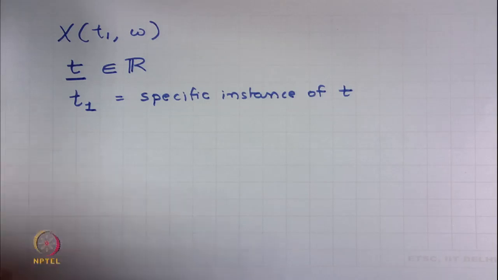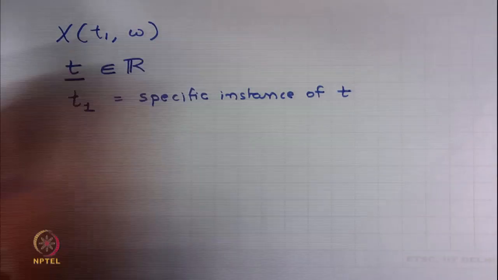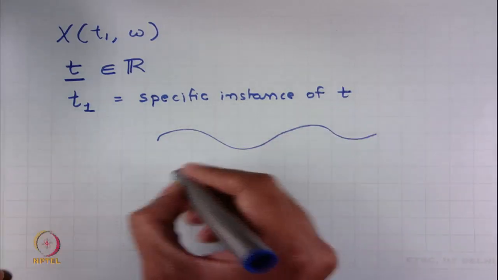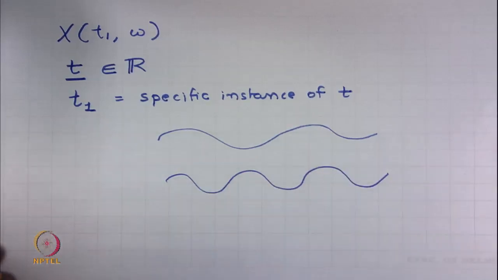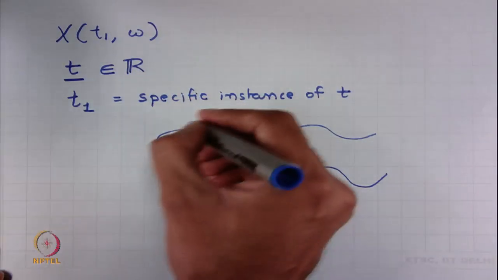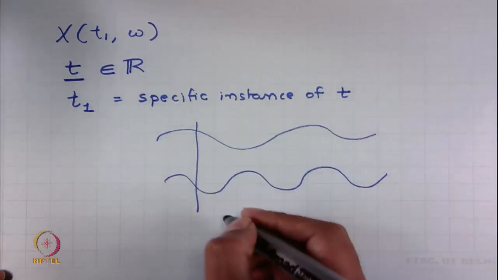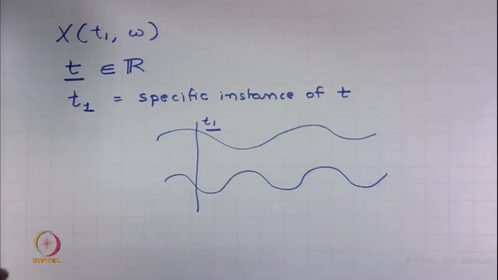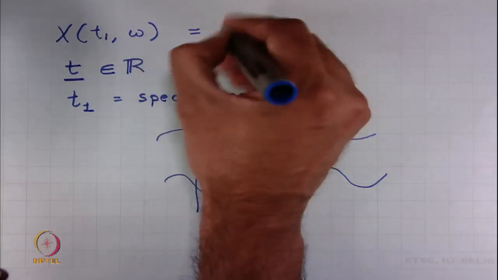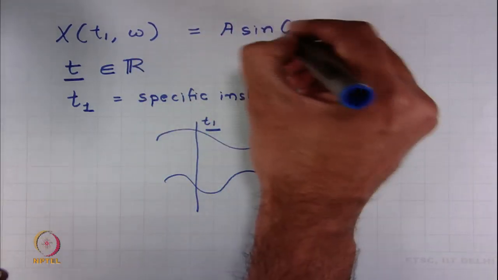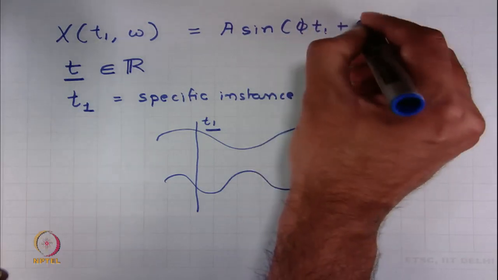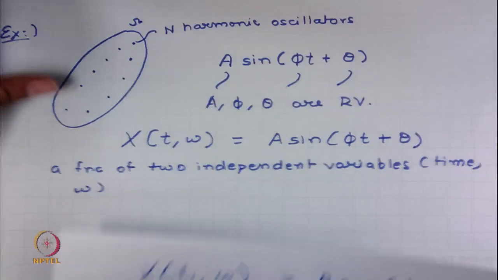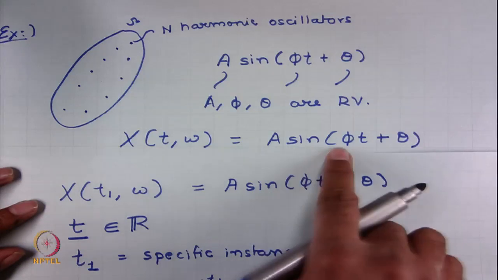Now, to think about this, suppose I have different sample functions as I had. What I am saying is, what happens if I evaluate or look at this random process at a specific time instance, that is t1. So, let us see what happens if I put t1 in the earlier expression. In the earlier expression, x of t, omega was A sin(phi t + theta).